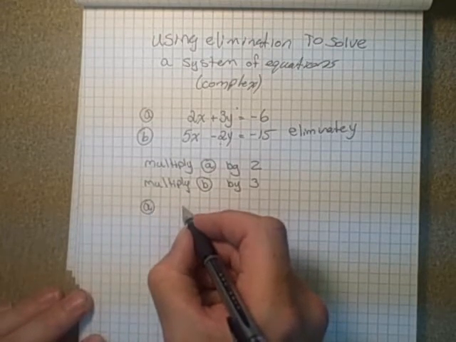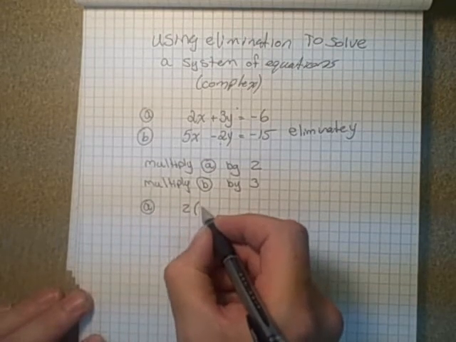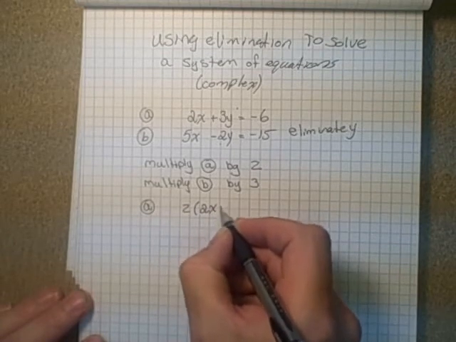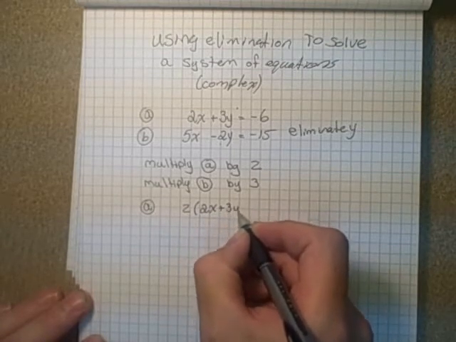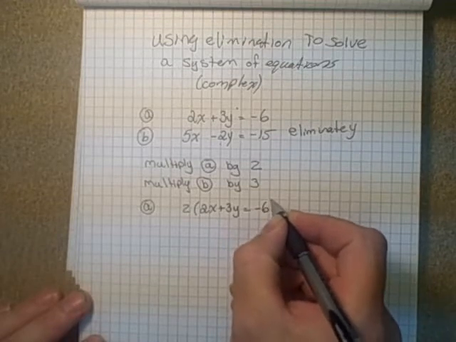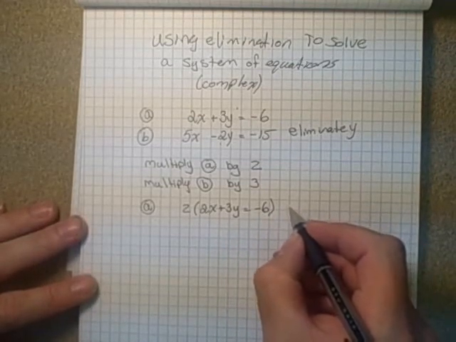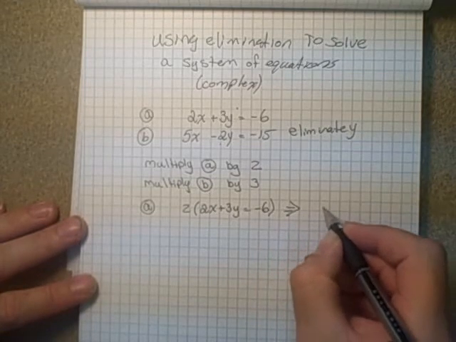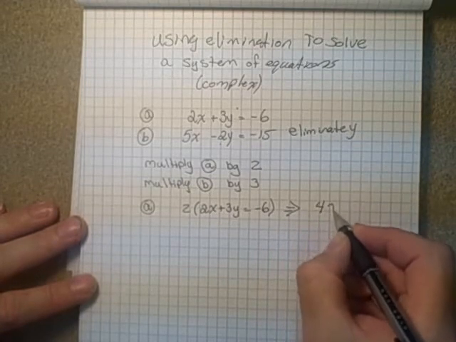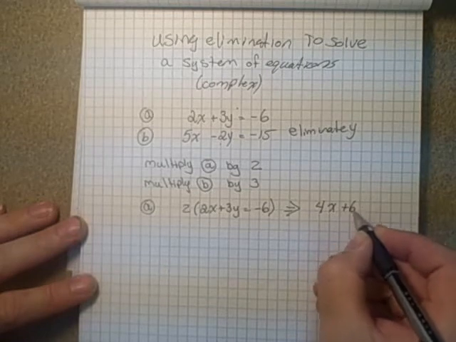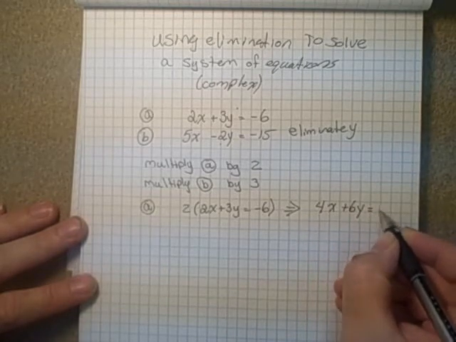I want to take 2 times 2x plus 3y equals negative 6. I'm going to work it out here on the side. So that's going to give me 4x plus 6y equals negative 12.